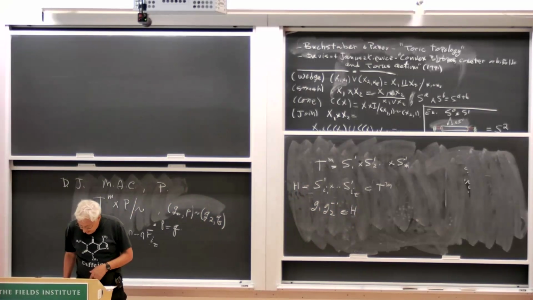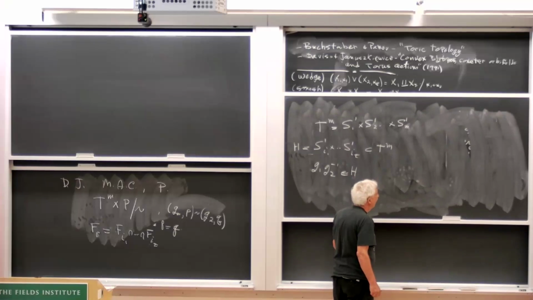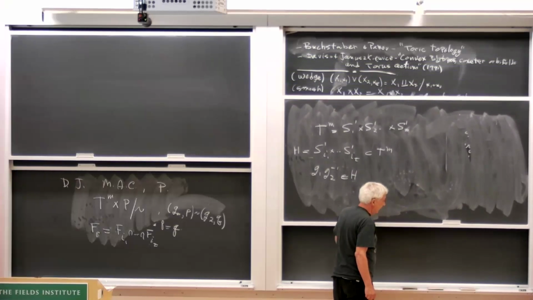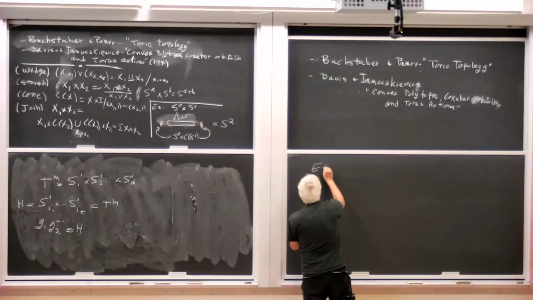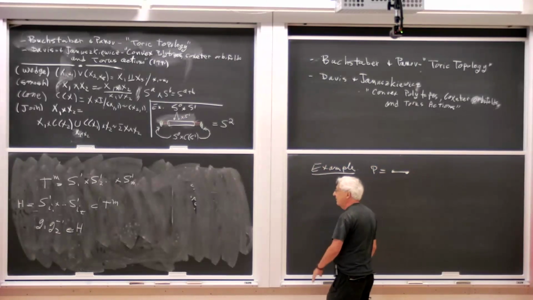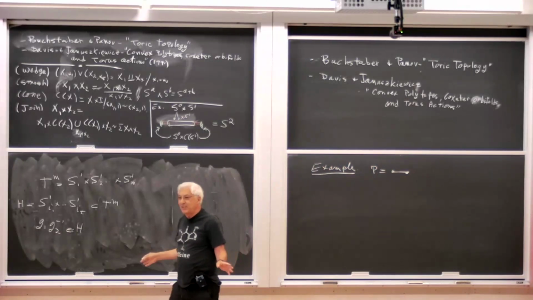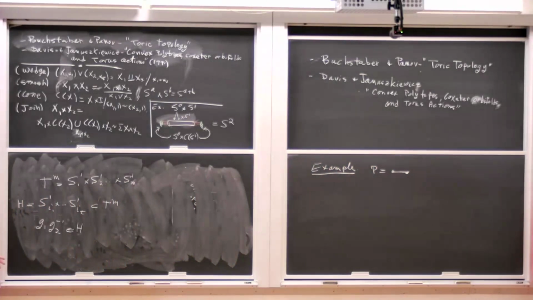Let's do an example. Let's take the polytope, which is the interval. It's about as much as I could do. They get out of control, and without certain mind-altering drugs, it's hard to draw the pictures and whatnot.